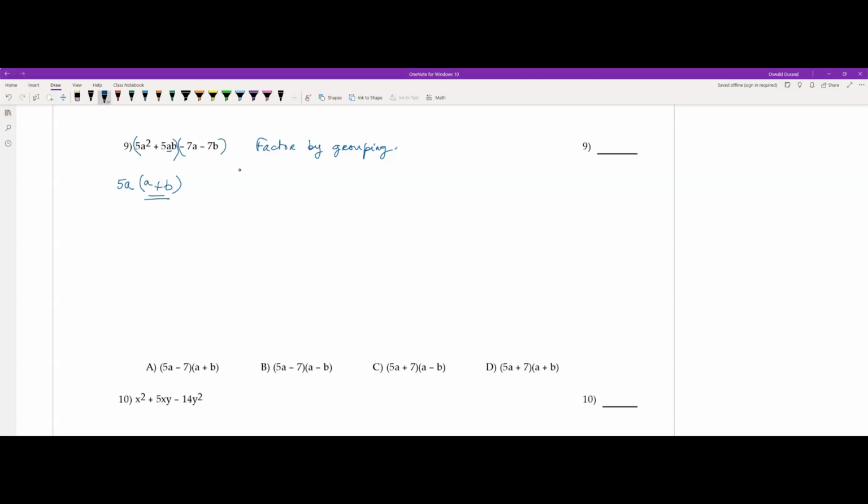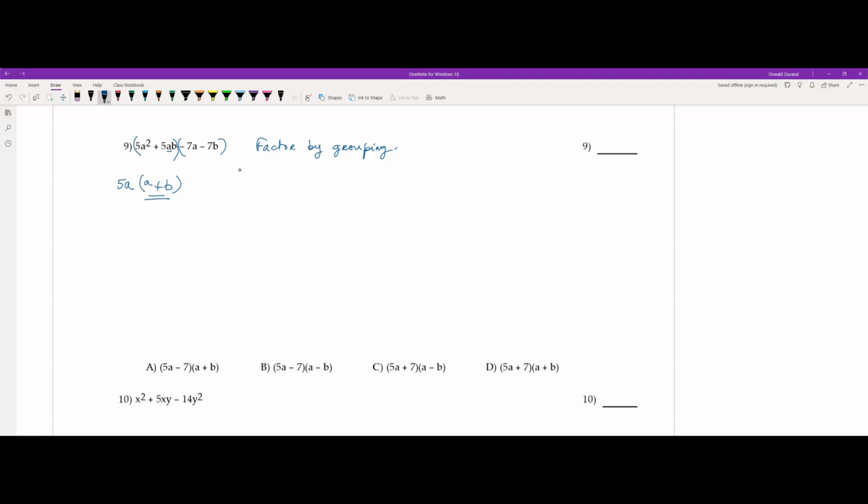So whatever you have in the first grouping, when you factor out your greatest common factor, you must have the same thing inside the parentheses. So here, in order for me to get a plus b, if I factor out just the 7, I'm going to get negative a minus b. That's not what I want.